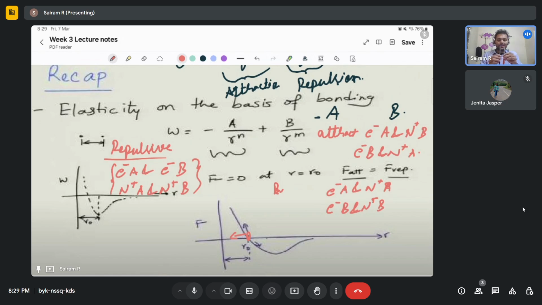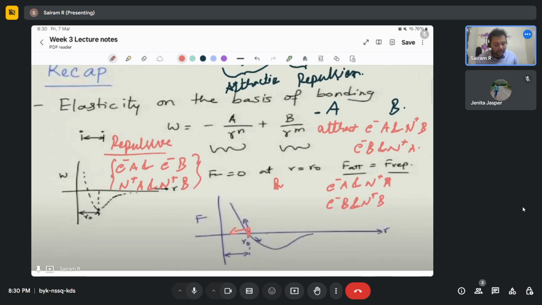So it tends to move away to the ideal distance r naught, but because the repulsion is so high, it moves past r naught and then starts experiencing an attractive force. It'll come again, move again, come again. This is why we say that atoms are constantly oscillating about their mean position whenever there is some temperature or energy involved.